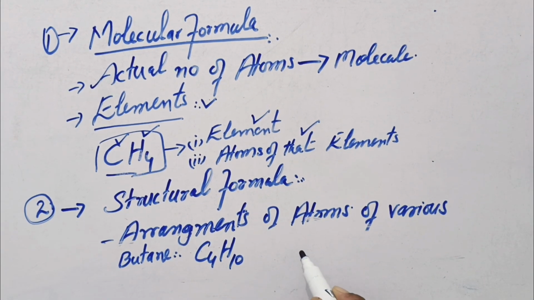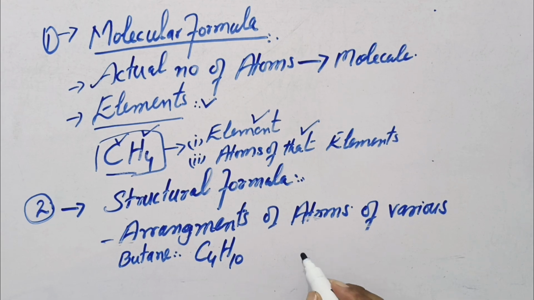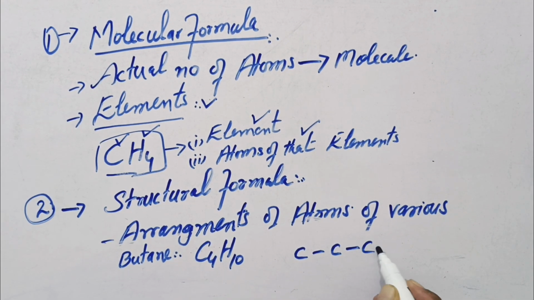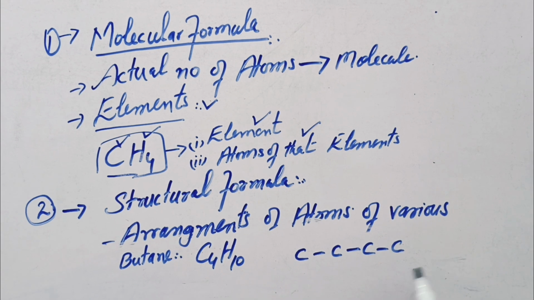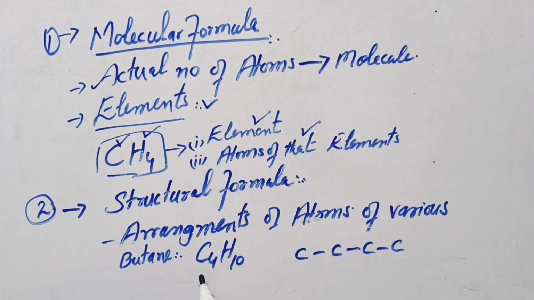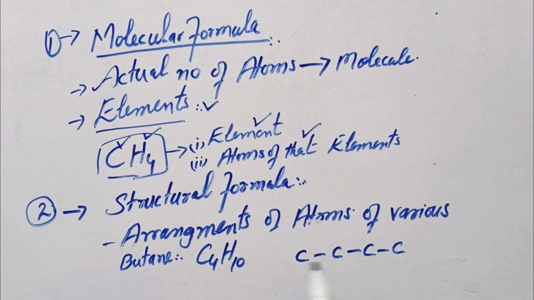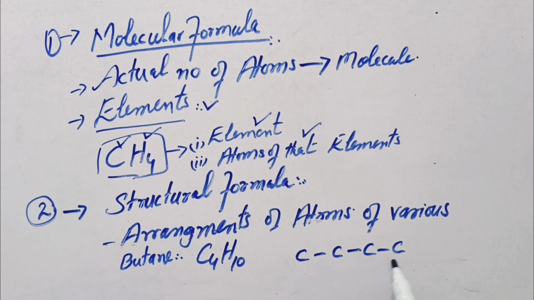So first we write the parent chain. Here you can see there are 4 carbon atoms. First we write the parent chain of the structure by carbon atoms.